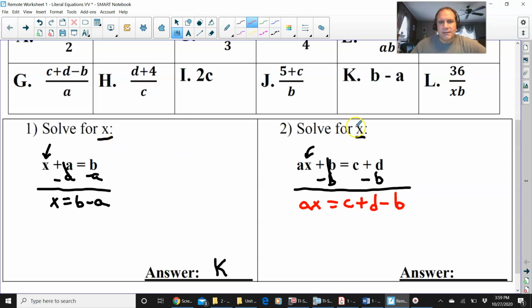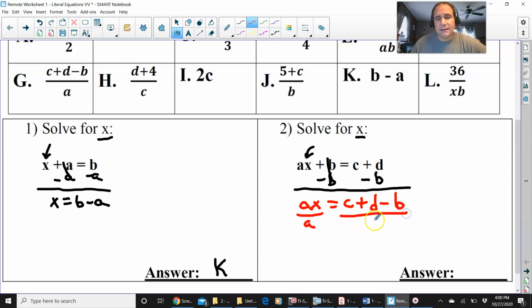So now I still have to get the x alone. So the one thing that I do want you to understand, you probably know this already, the opposite of multiplication is division. So when you divide, you're dividing by the variable that you want to cancel, or variables that you want to cancel. The one that you want to solve for, you're not going to divide by. So remember, I want to solve for x, I'm going to divide by a.